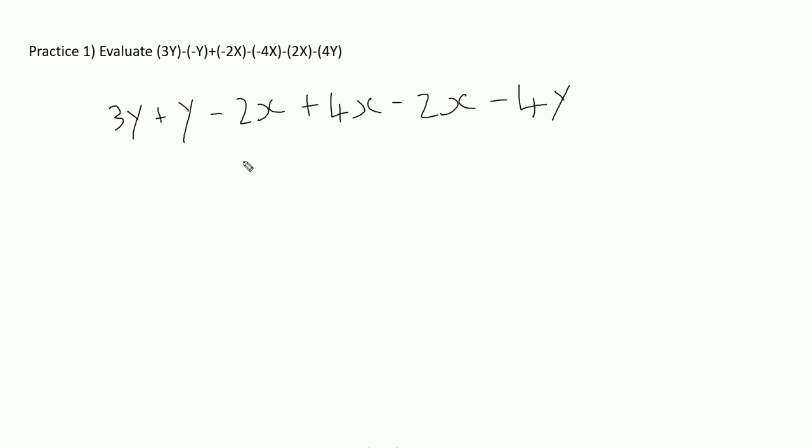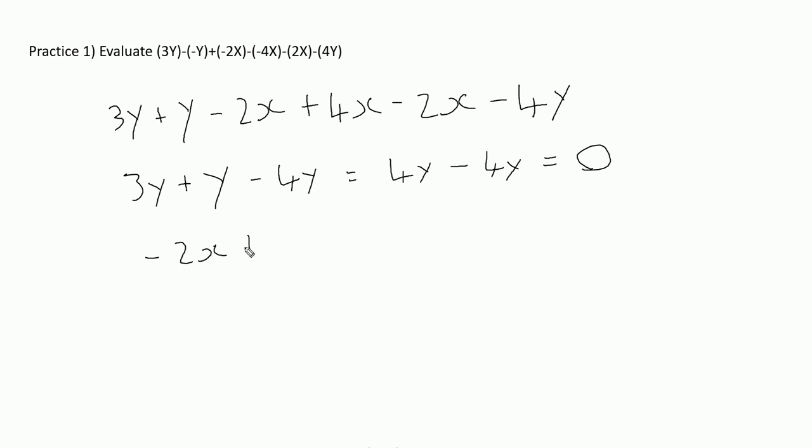So now collecting like terms, if I collect all the y's together, I have 3y plus y minus 4y, which gives me 4y minus 4y, which of course gives me 0. Then collecting x terms together, I have minus 2x plus 4x minus 2x, which gives me 4 minus 2 minus 2, which is again 0. So this entire expression equates to 0.